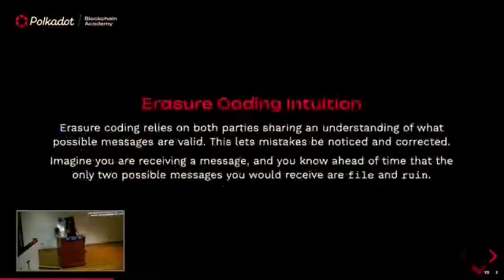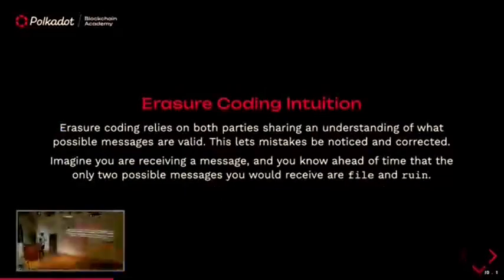To give a little bit of intuition on how this works, it mostly depends on both parties having an understanding of what types of messages are valid using this code. Imagine you're receiving a message and you know ahead of time the only possible things that could have been sent are either the word file or the word ruin. You don't know which, but you know it's one of those two, and anything else, something happened to the message.